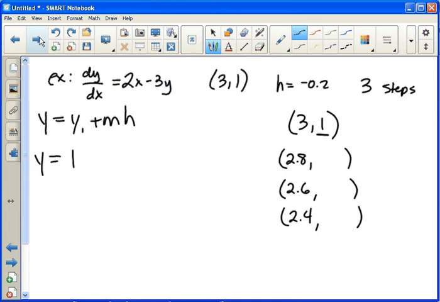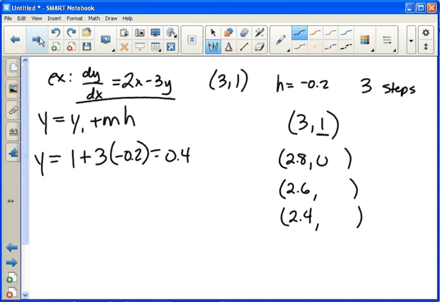So 2 times 3 minus 3 times 1 gives you, I think, 3. Let me just double check here. Yeah, it's 3. And then our step size is negative 0.2. So I just do 1 plus 3 times negative 0.2, and I get 0.4. So that's my new y value. Notice we did the whole thing in just one line.